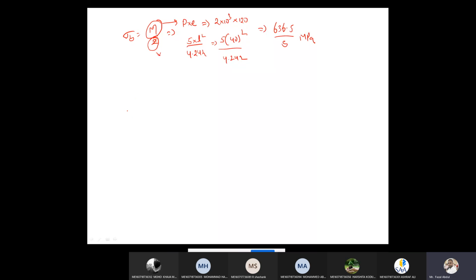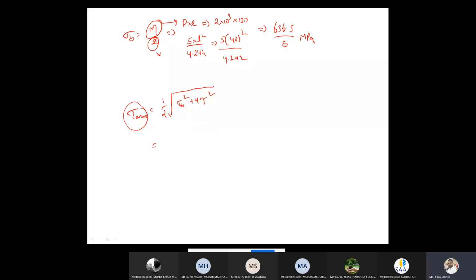Now as per the maximum shear stress theory, what is the equation? 1 by 2 into square root of sigma b square plus 4 tau square.